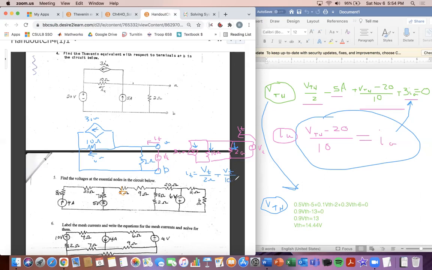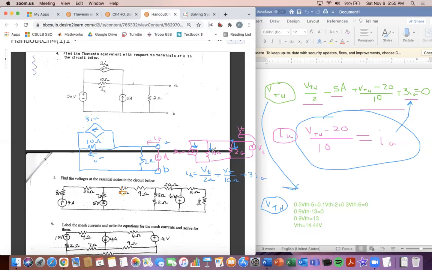See how the current is going in the same direction as the dependent source, so I'm going to write plus 3IA. I wrote an equation that tells you the current coming in is equal to the current coming out. That's equal to the voltage drop across the component divided by the resistance of the component.